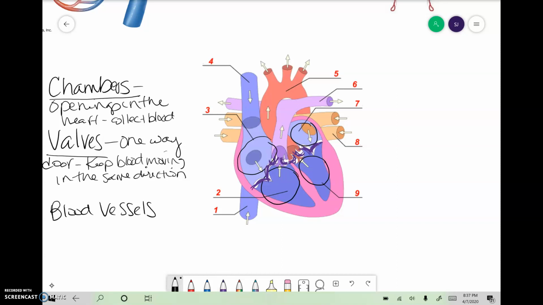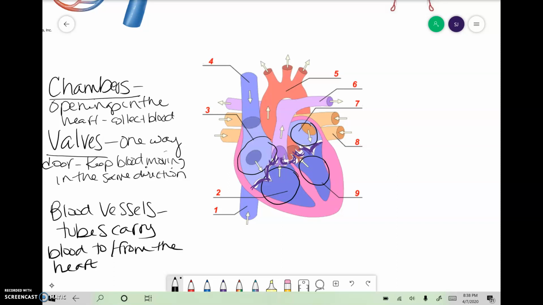Okay, finally, you have blood vessels, and these blood vessels are vessels or tubes that push blood throughout the body. So these are tubes that carry blood to and from the heart.